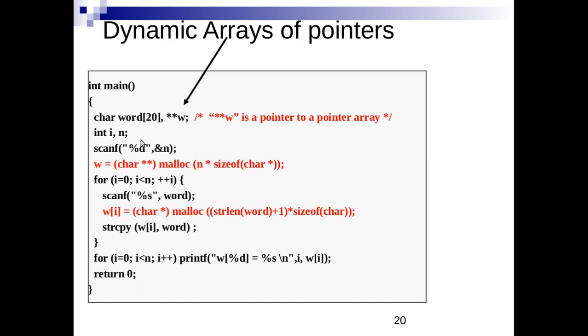Now you take in the number of strings that you will enter, store it in n. Then you allocate memory that is just enough to store n character pointers. You allocate that memory and then assign the base address of that memory to w after suitable typecasting.